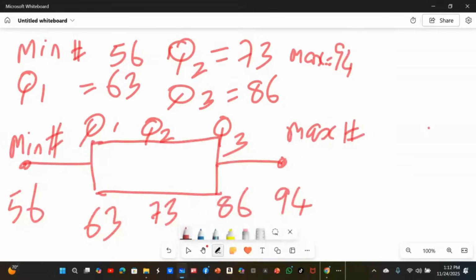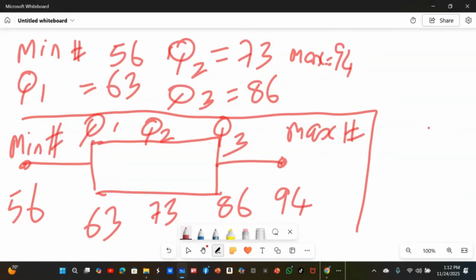So here is our box plot, as we are told to draw. We are told to represent the 5-number summary in a box plot. So this is a box plot of Professor Dang's grade. I am going to put a line here.